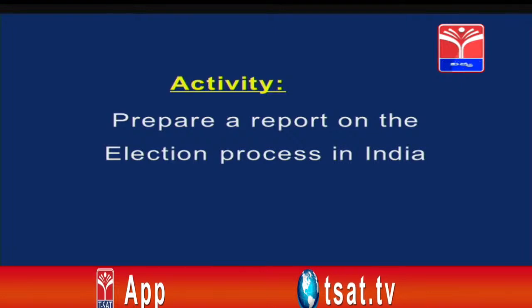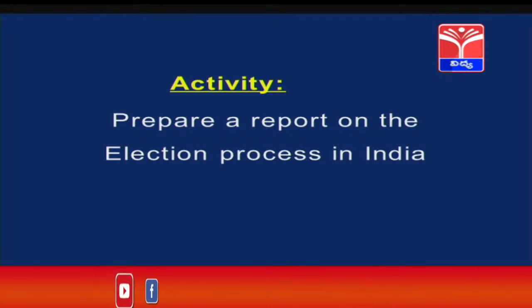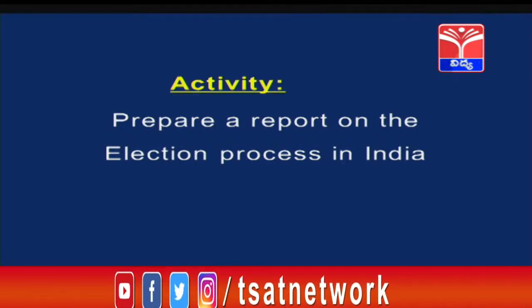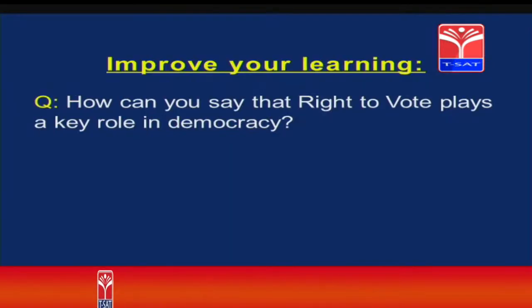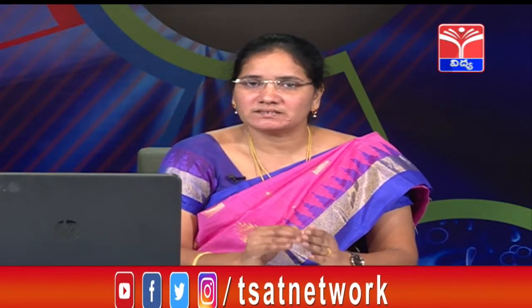So, children, here is an activity: prepare a report on the election process in India, and here are some important questions. How can you say that the right to vote plays a key role in democracy? In this chapter, we came to know that the right to vote has an important role in democracy. In a people's government, the people should elect their rulers.